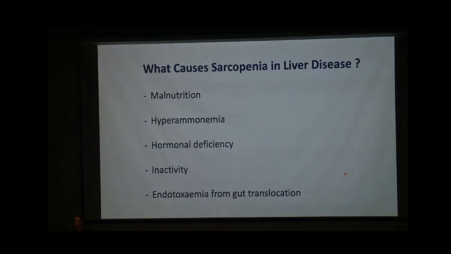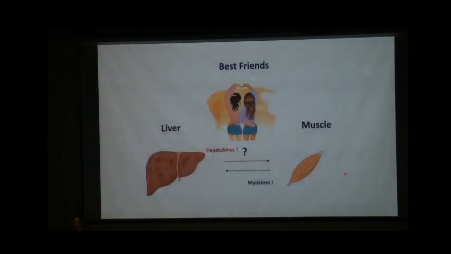So what causes sarcopenia in liver disease? Of course, it is malnutrition, hyperammonemia, hormonal deficiency, inactivity because of inability to exercise, and endotoxemia from gut microbiota dysbiosis. Before we go ahead, we have to understand that muscle is very closely related to the liver.